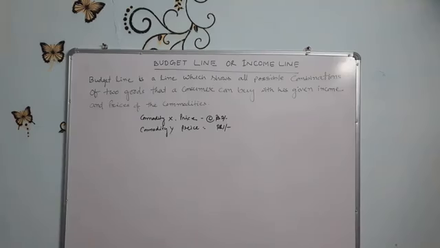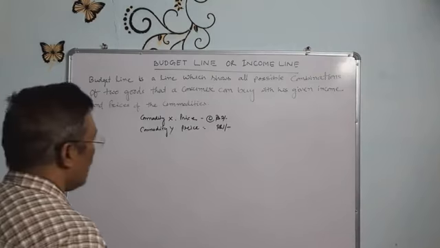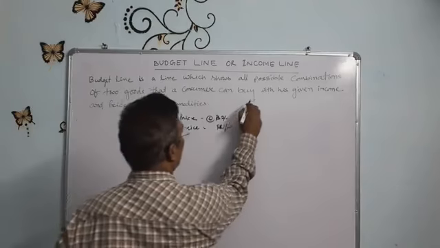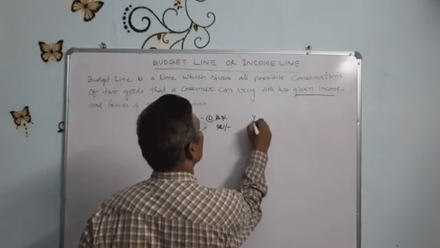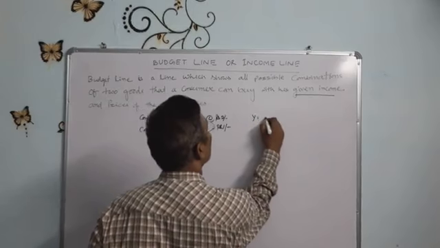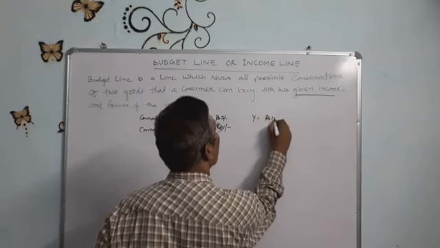The given income, say M, is equal to rupees 10.